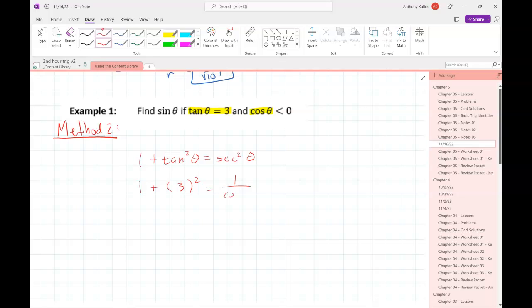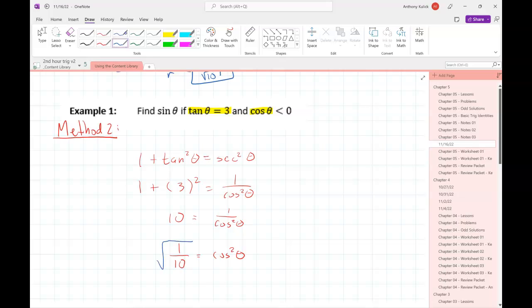And I know secant squared is 1 over cosine squared. So I know 10 is equal to 1 over cosine squared. If I do the reciprocal of both sides, I get that cosine squared is 1 over 10.